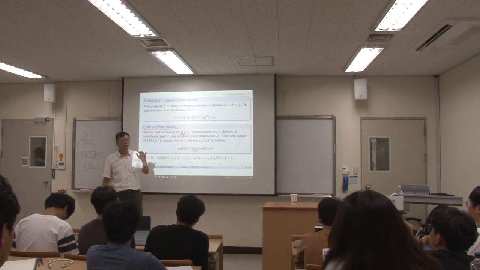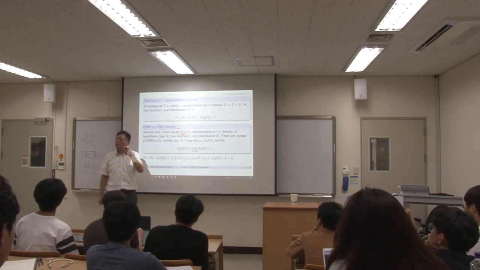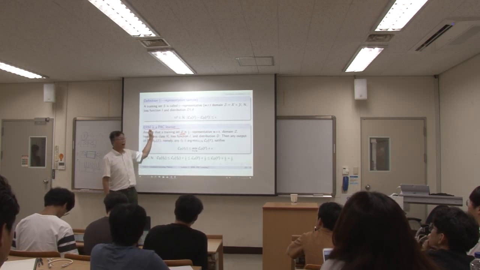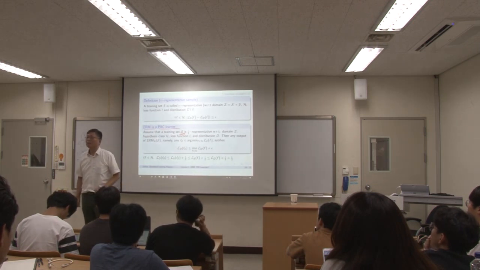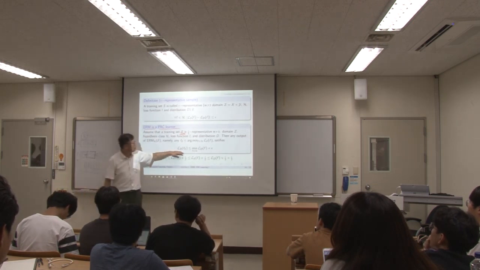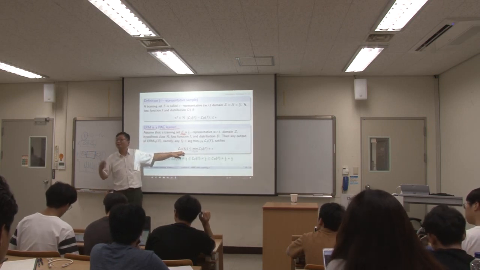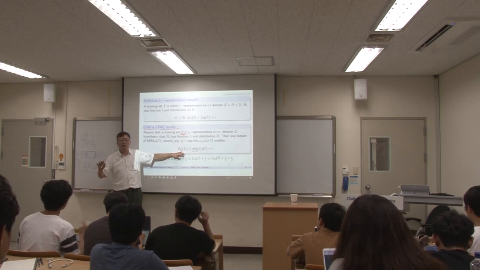So if my training set is this, then the ERM is agnostic PAC. Okay? Why is that? I can prove this in one line.